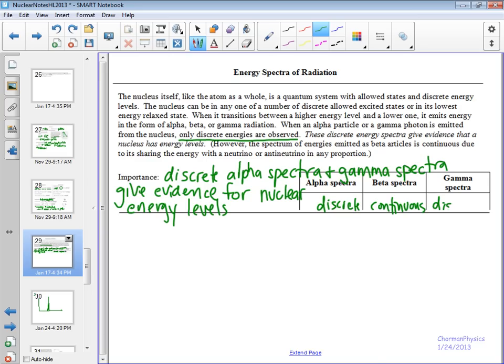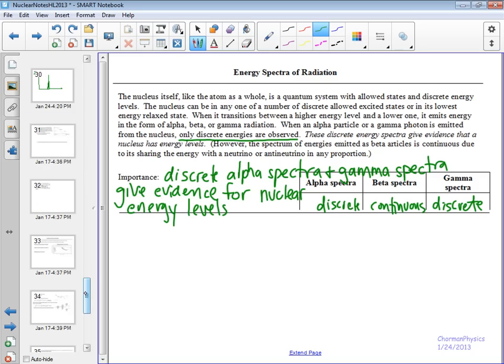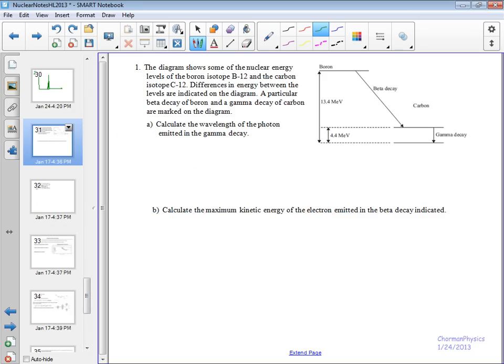So alpha is discrete, continuous for beta, and discrete over here for gamma.